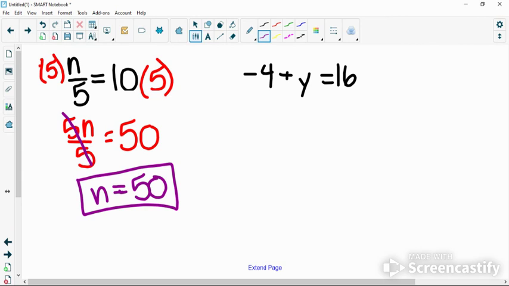In our second example, it says negative 4 plus y. Now, whenever we have something being added or subtracted from our variable, we know we have to use addition or subtraction.